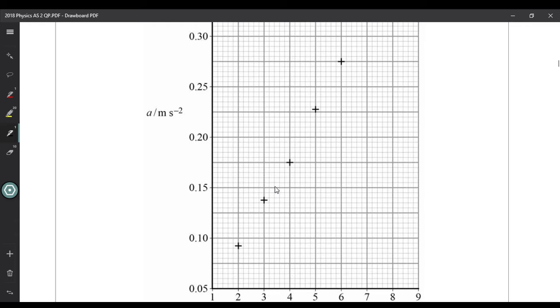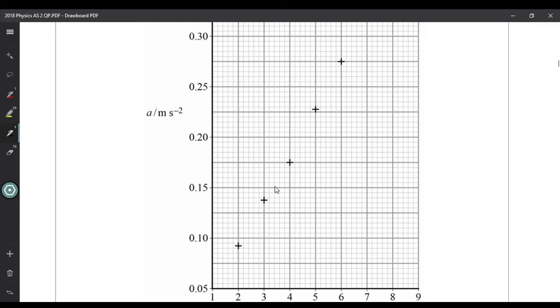So make sure that you've got a nice, sharp, straight, continuous line when you draw your graph. And we know that the gradient is going to be the y value over the x value. Now again, when you use your triangle, make sure that you draw your triangle as large as possible to get the gradient. You should be using at least half the grid in both the x and the y direction.